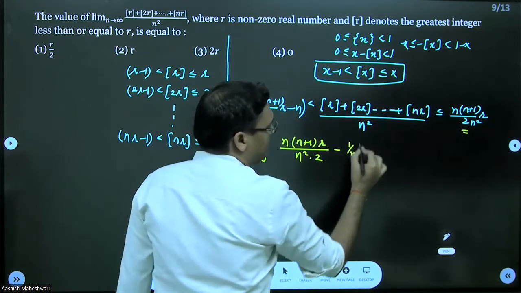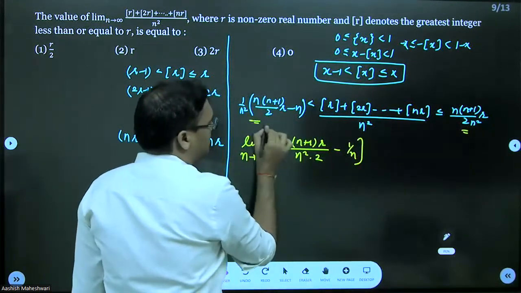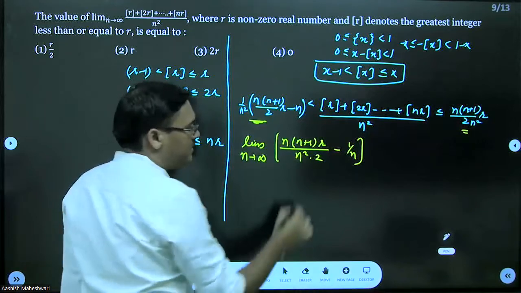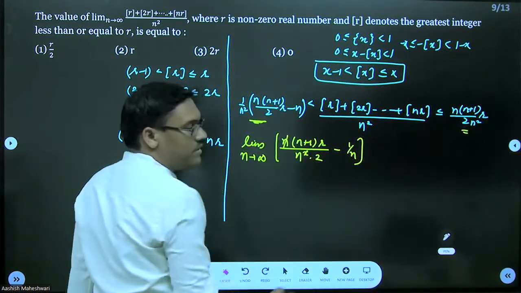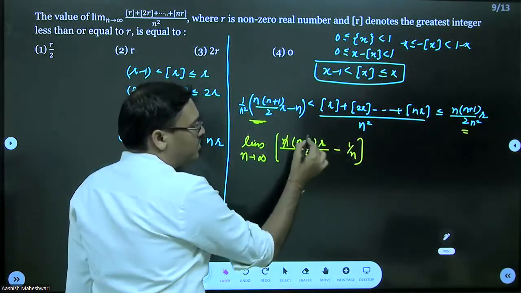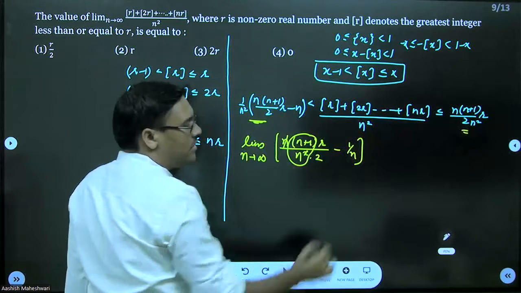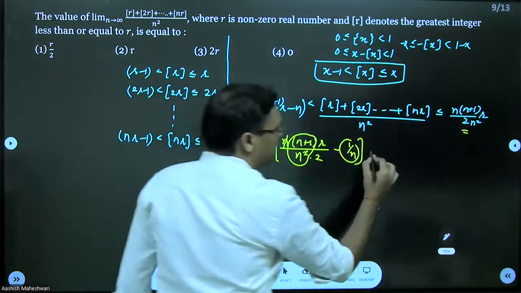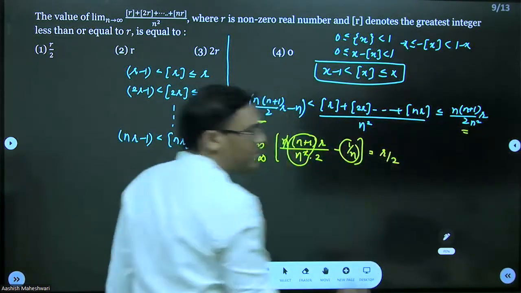Minus 1 by n. You can clearly see that as n tends to infinity, this cancels. This will become 1 plus 1 by n, so this value will become 1 and this will become 0. So this is effectively equal to r by 2.